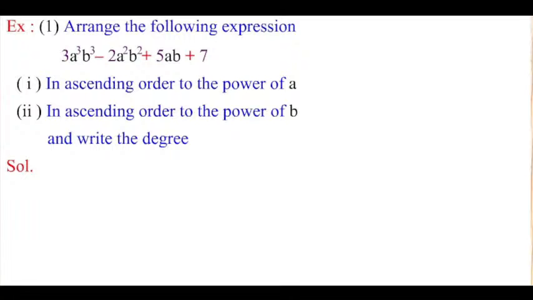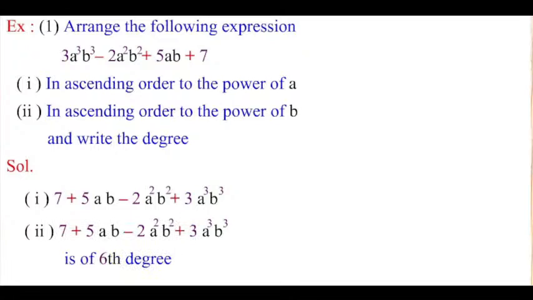Solution. (i) 7 plus 5ab minus 2a squared b squared plus 3a power 3 b power 3. (ii) 7 plus 5ab minus 2a squared b squared plus 3a power 3 b power 3 is of the sixth degree.